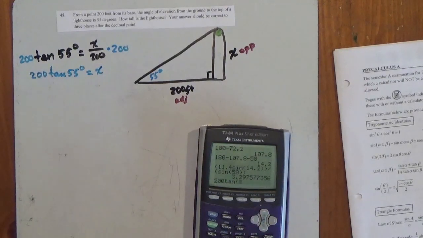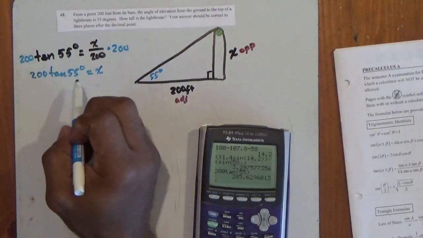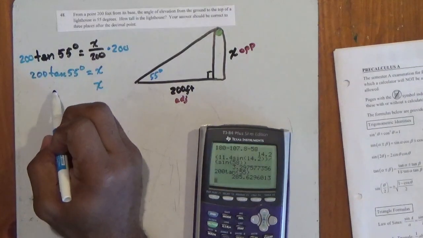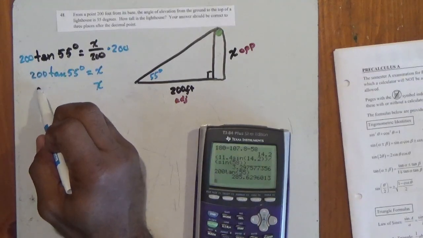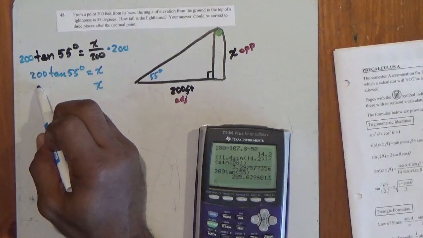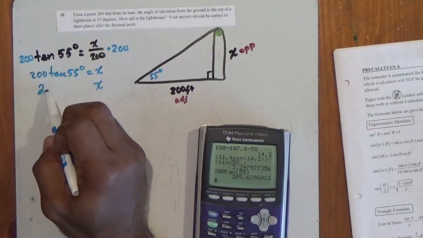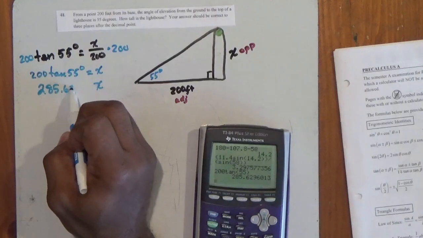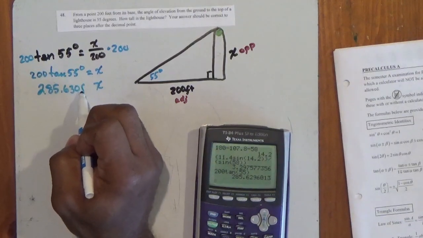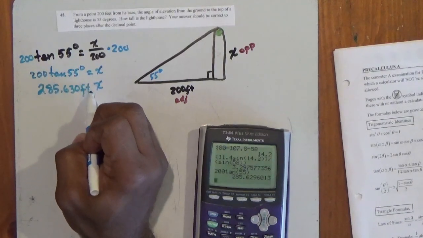To 3 decimal places, our lighthouse is 285.630 feet.